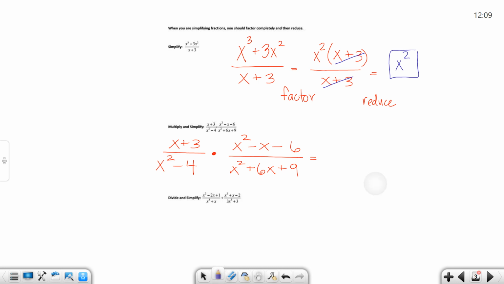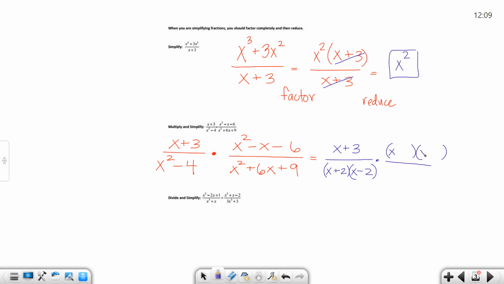Okay, so I'll change to blue where you can see the factor step. So the first one is x plus 3. I'm just going to bring that one over. Then you have x squared minus 4. So that's the difference of squares. That would be x and x, 2 and 2, 1 positive, 1 negative. The next one that you have is a basic trinomial.